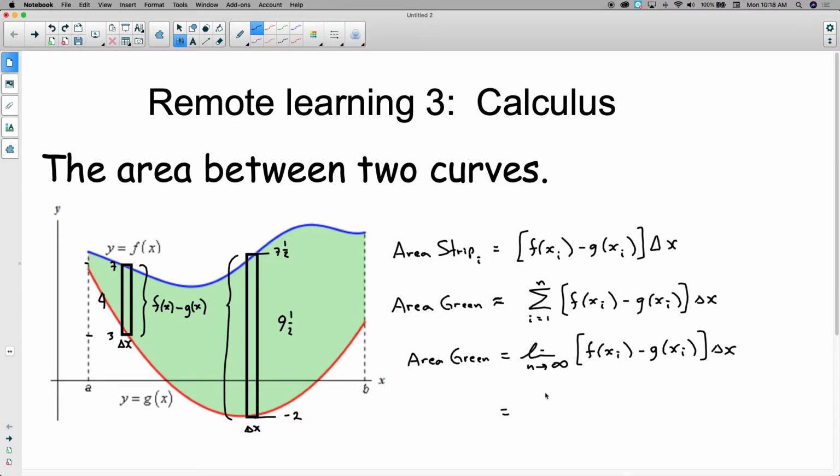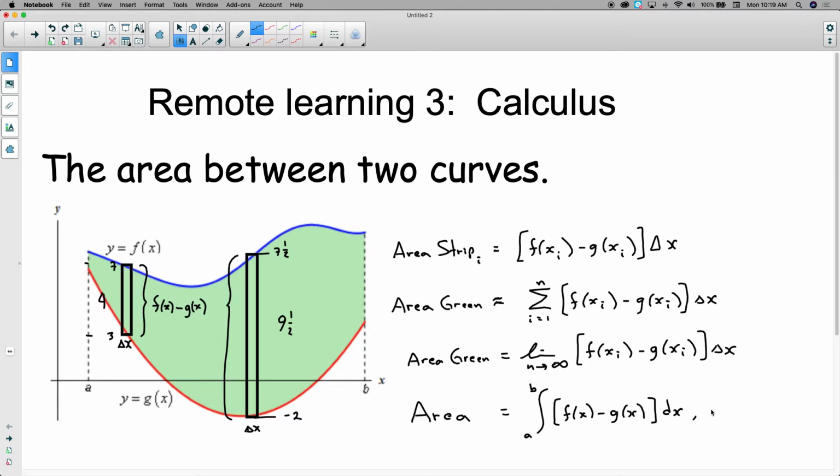And that is then, by definition, the integral of f at x minus g at x dx, moving delta x to dx as the infinitely small change in x and our limits of integration from a to b. Okay, so now we have an area formula.